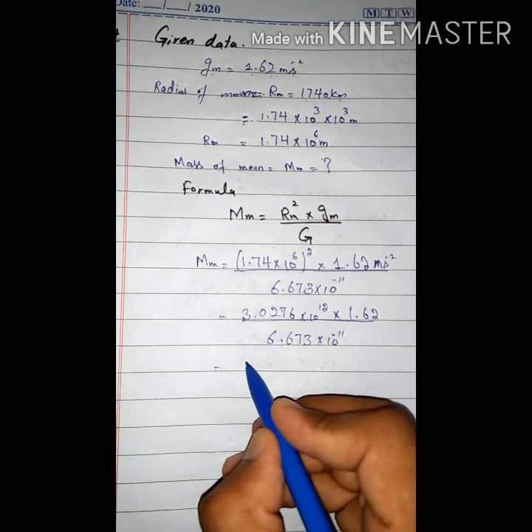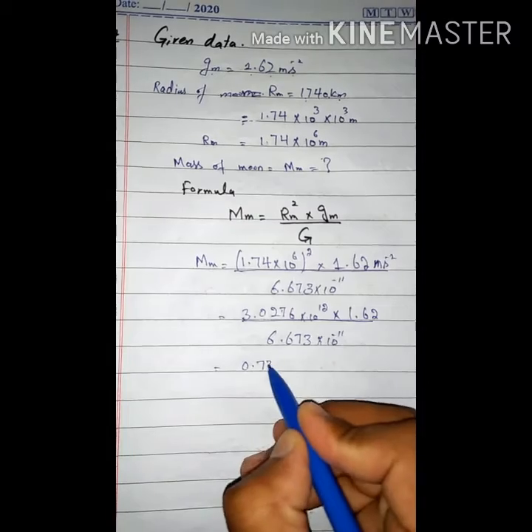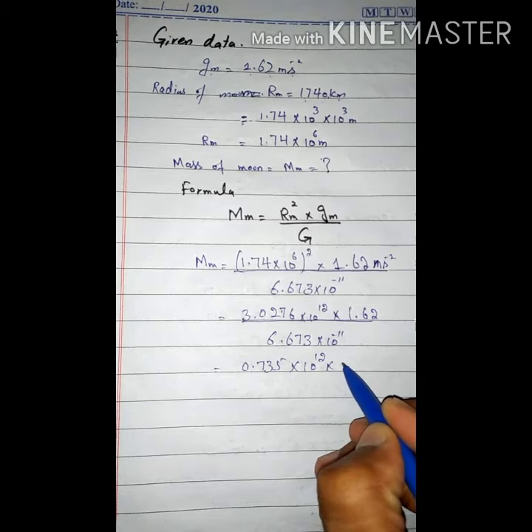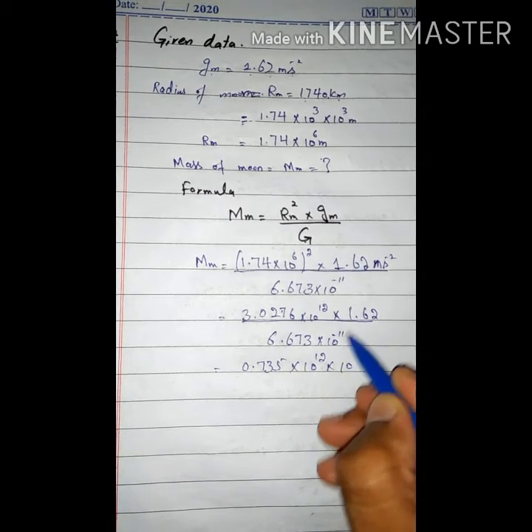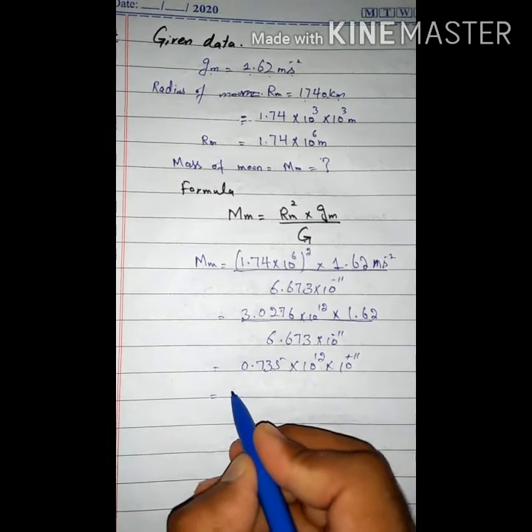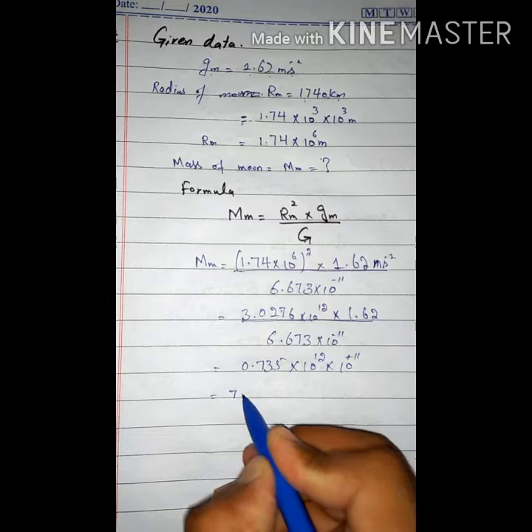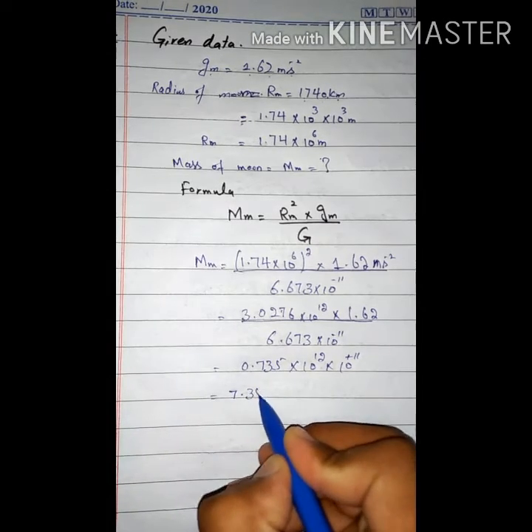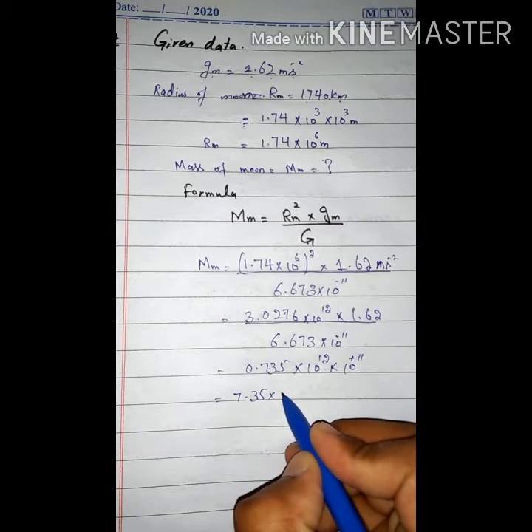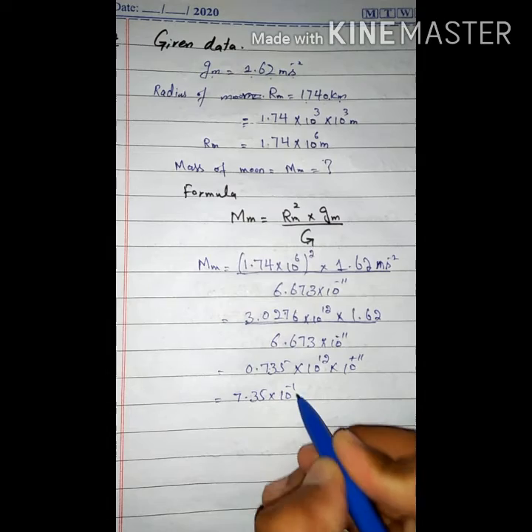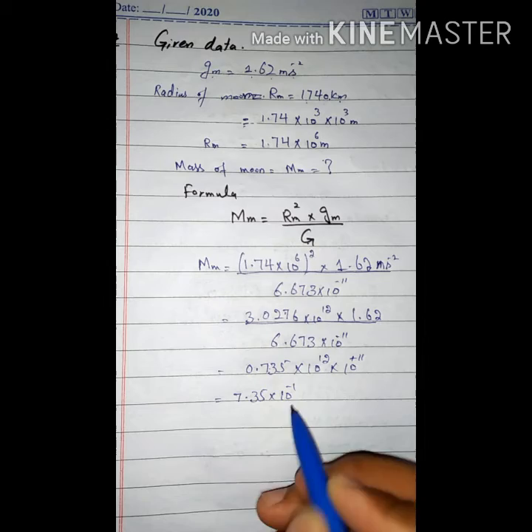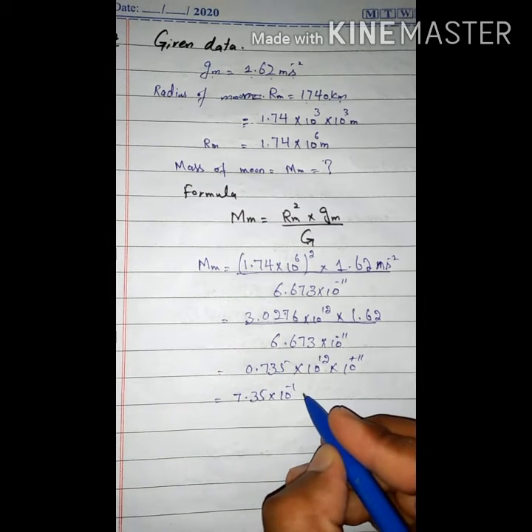The answer will be 0.735 multiplied by 10 to the power 12 and multiplied by 10 to the power, when it comes to upstairs it will be in positive form, so plus 11. So the answer will be 7.35. We take the point from this to this, and in the answer we will add a 10 power. When we take a point from left to right, the tens power will be in a negative form.